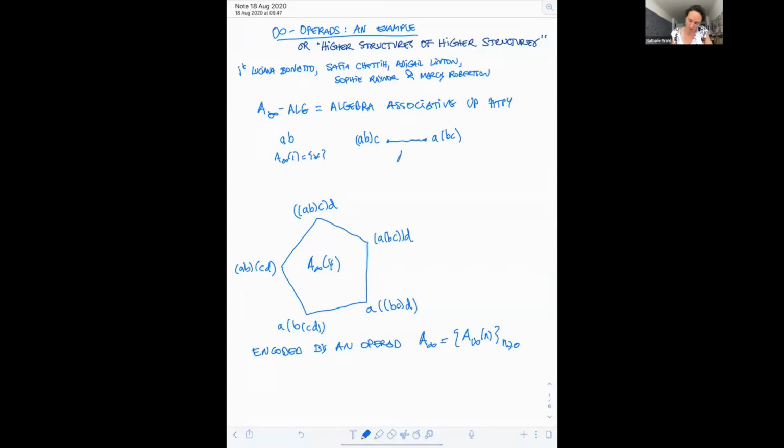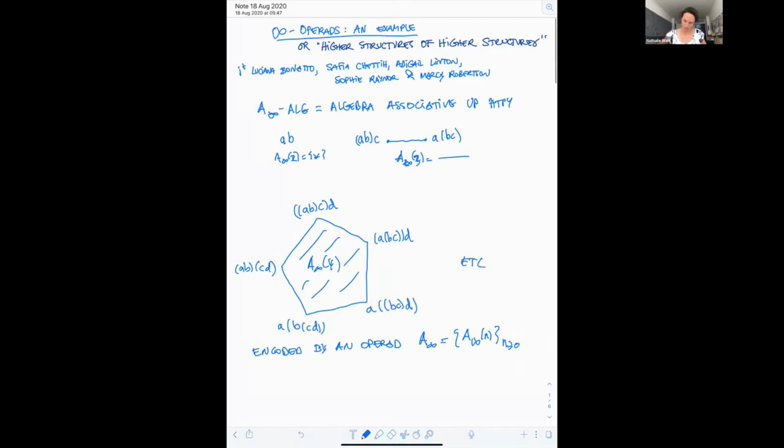A infinity of 2 is an interval, A infinity of 3 is this, and A infinity of 4 is this pentagon here, and so on.